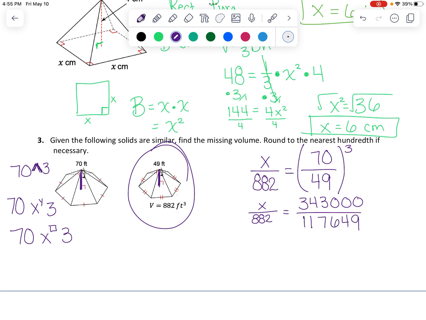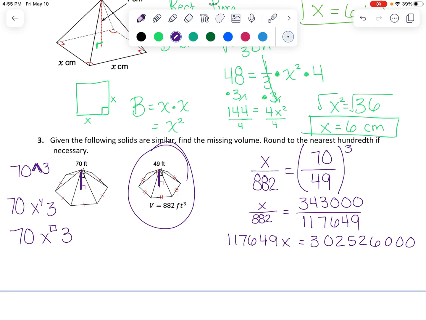These numbers get really, really big, really, really quick. But then when we cross multiply, that's not so bad. Because we end up dividing. 302,526,000.